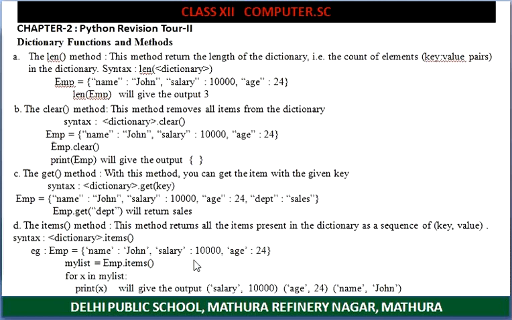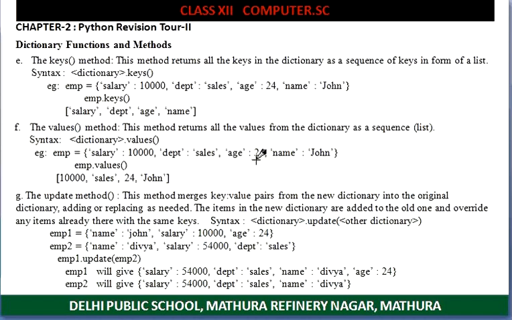So it will return all the key values present in a dictionary. With the help of a for loop, for x in my list, print x will display all the key value pairs present in a dictionary in a sequence. So here: salary 10,000, age 24, name John. Order may be changed.